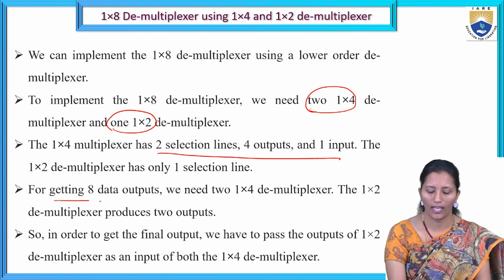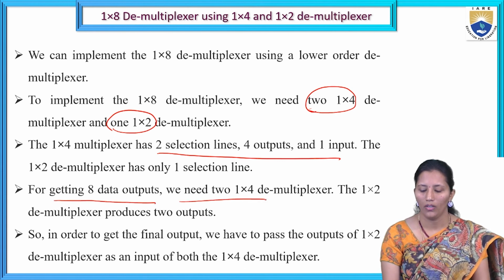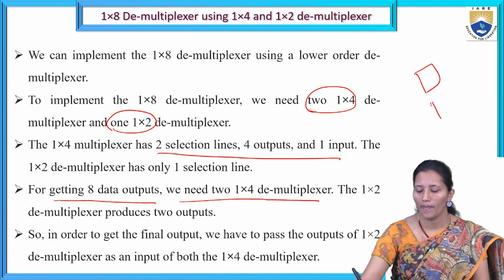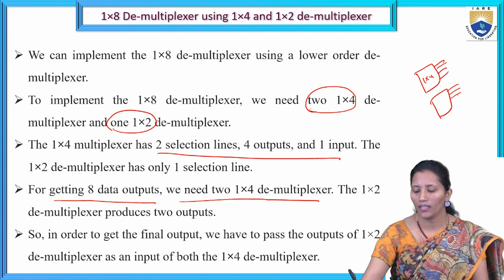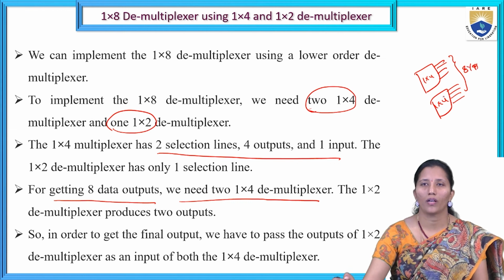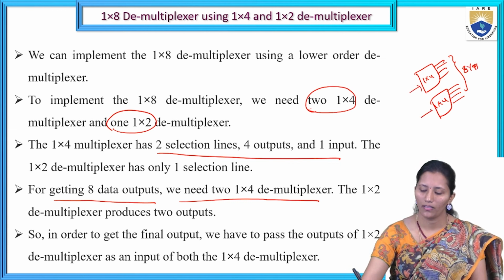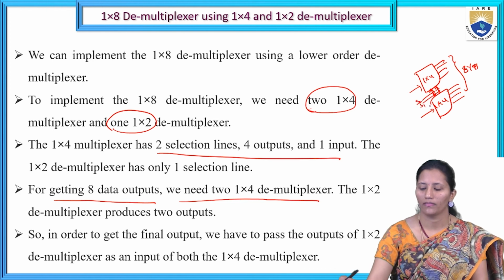For getting 8 data outputs, we need two 1 to 4 demultiplexers, because each has 4 outputs. So in total we get 8 outputs using two 1 to 4 demultiplexers. Okay, but the selection lines S0 and S1 will be given common here.